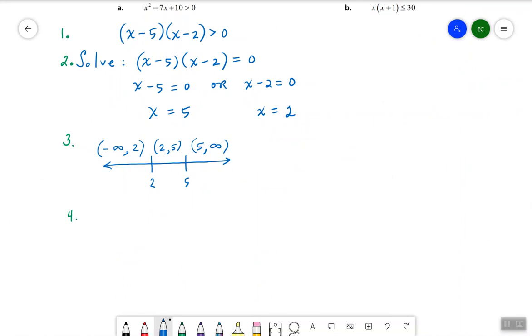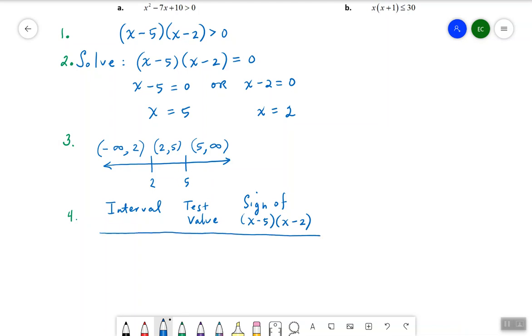We can write interval, and then we can write test value, and then we can write sign of the product we're interested in, which is x minus 5 times x minus 2. And so those are 3 columns.